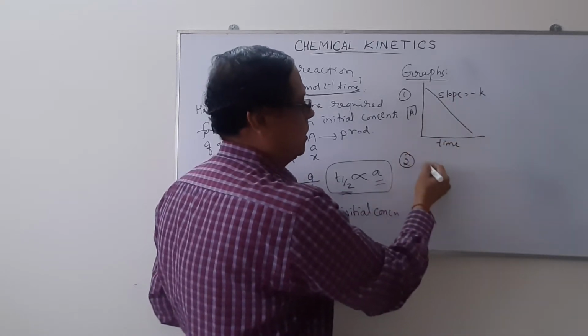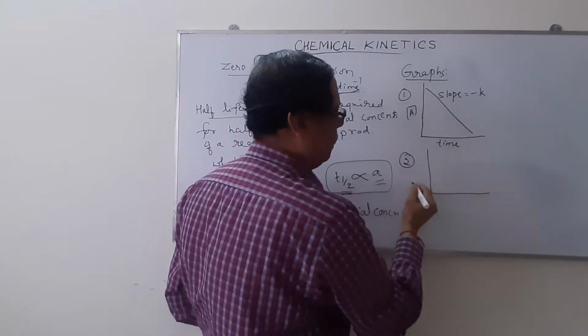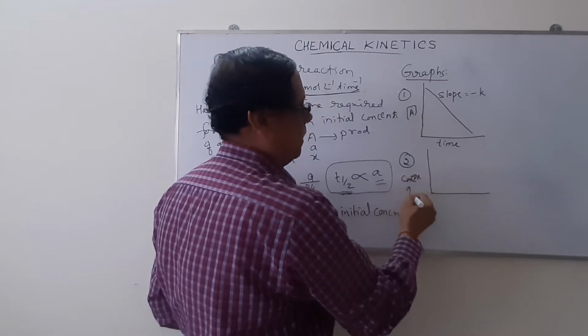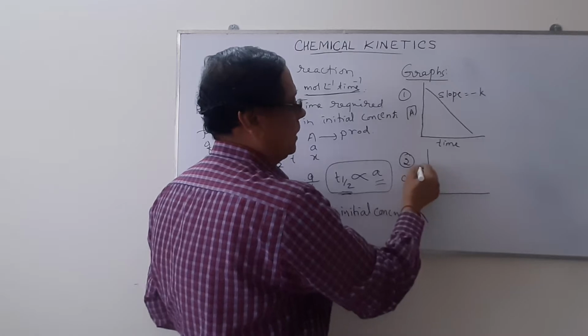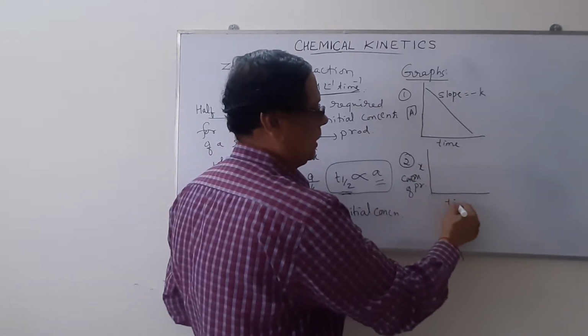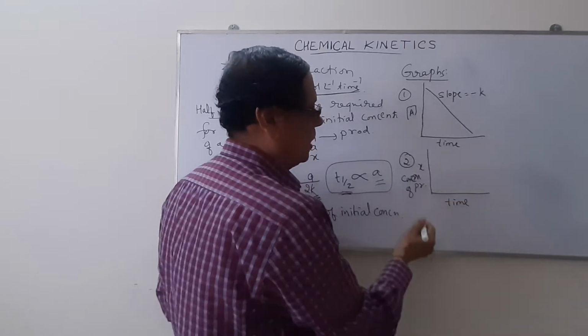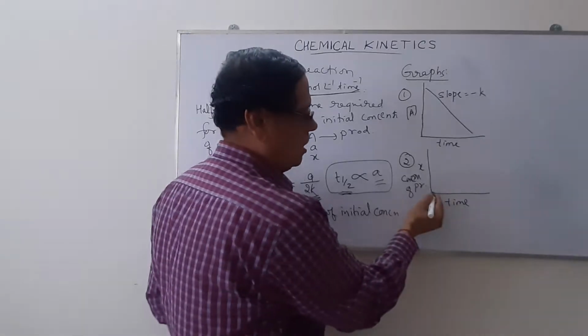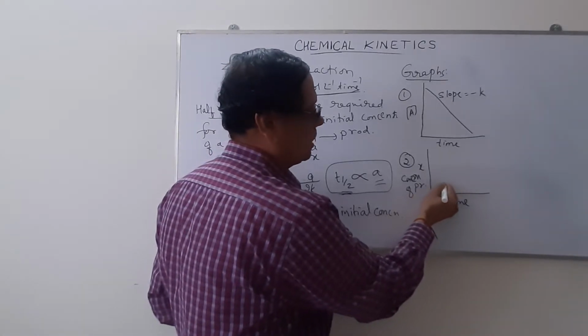The second one is, if you draw the graph of concentration of the product, indicated as X, and the time T on the x-axis. Then we know that initially it has zero concentration, but as the time increases, it also increases linearly.